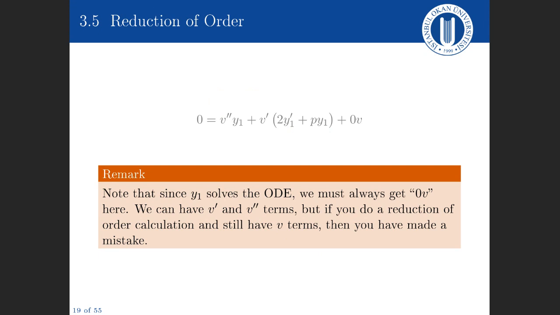The key thing to note here is that because y1 is a solution of the differential equation, we must always have 0 v when we do this. It's okay to have v'' terms, and it's okay to have v' terms, but we shouldn't have any v terms. We should always get 0 v. If you do a reduction of order question and you don't get a 0 here, if you get something else, then you know that you've made a mistake in your calculation. You'll need to go back to the start and find your mistake.